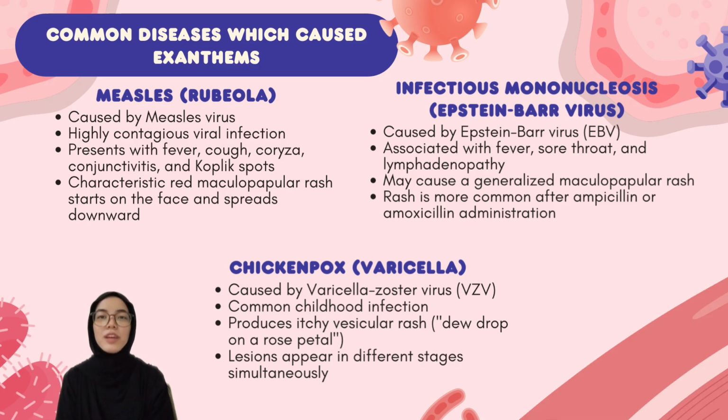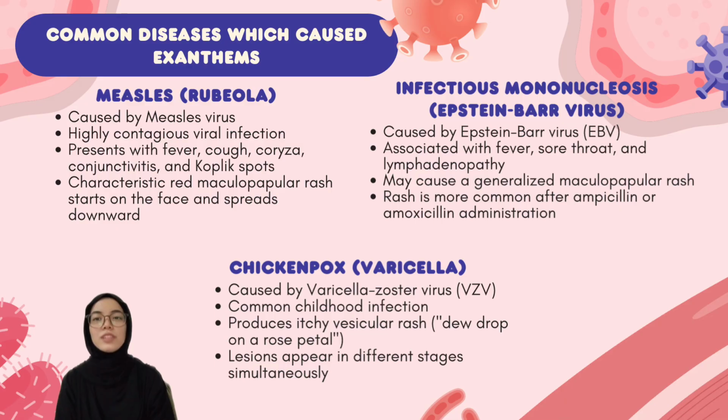And then we have infectious mononucleosis that is caused by Epstein-Barr virus. It is associated with fever, sore throat, and also lymphadenopathy. It might cause a generalized maculopapular rash, and the rash is more common after ampicillin or amoxicillin administration.